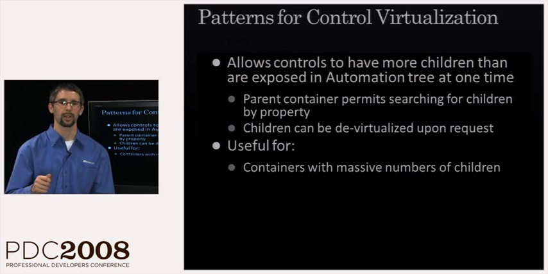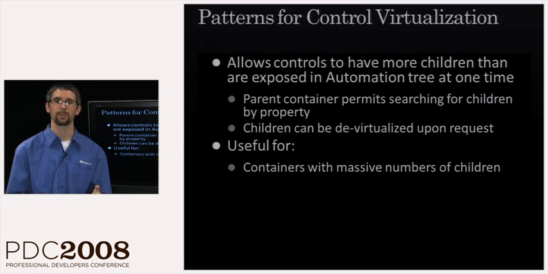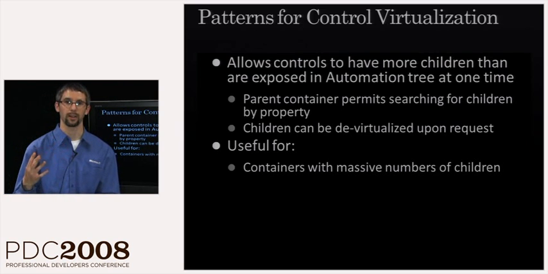A user who's scrolling through it can see from the scroll bar that there's more data. But from an accessibility perspective, it's hard to see that there's more data. All you're going to see are the 30 elements. The virtualizing patterns allow a control to express, I have more data than I'm showing. And it really comes down to two patterns. The first is a pattern on the container that allows you to search for objects by property that aren't visible in the control yet.